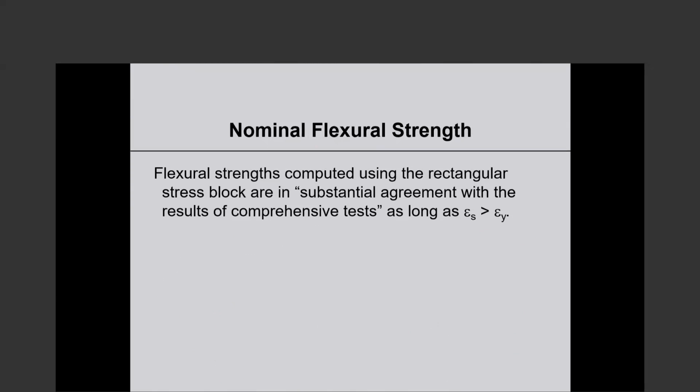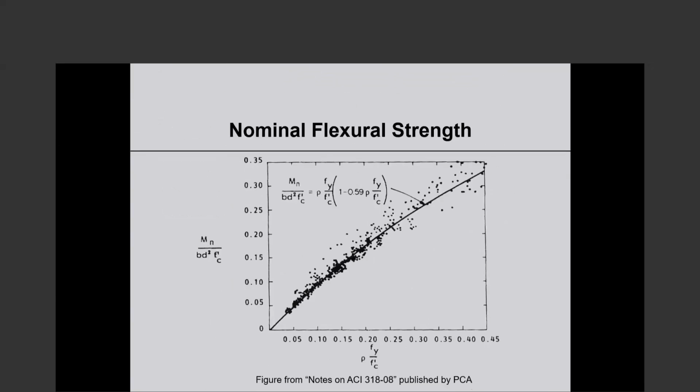Flexural strengths computed using the rectangular stress block are in substantial agreement with the results of comprehensive tests as long as the tension reinforcement yields. And there is really ample evidence of that, as shown in this picture. This is nominal strength calculated using the rectangular stress block. This is tension reinforcement ratio multiplied by yield strength of the reinforcement divided by the specified compressive strength.